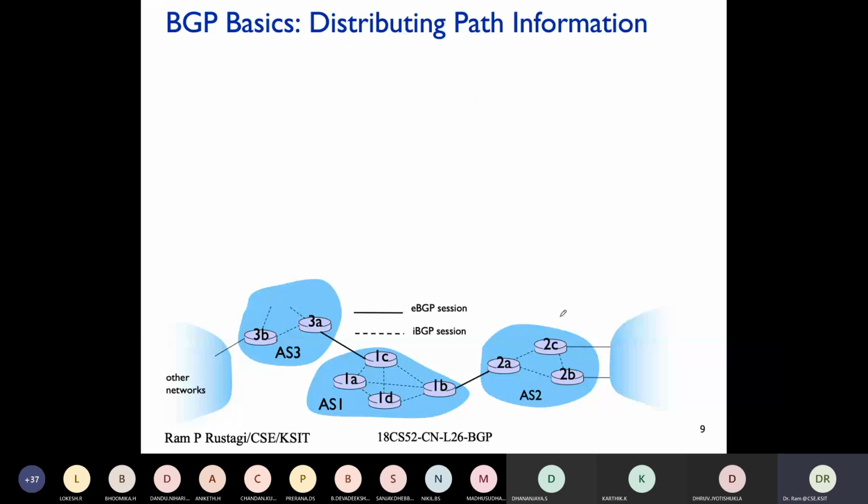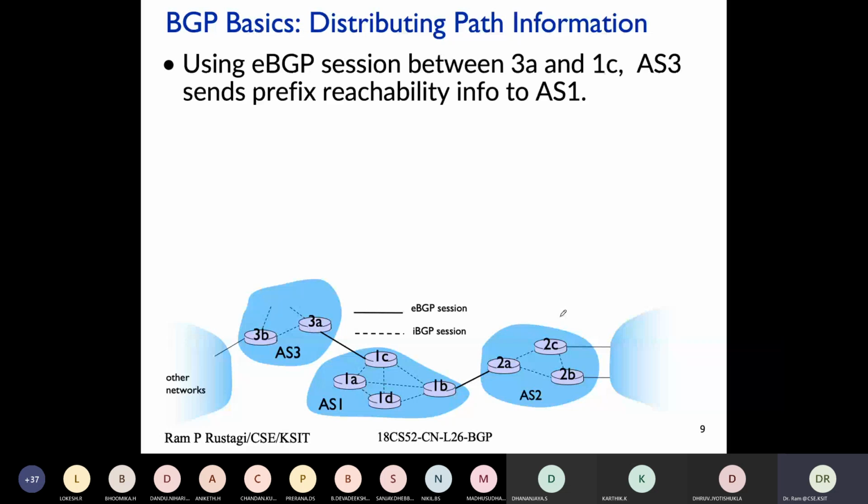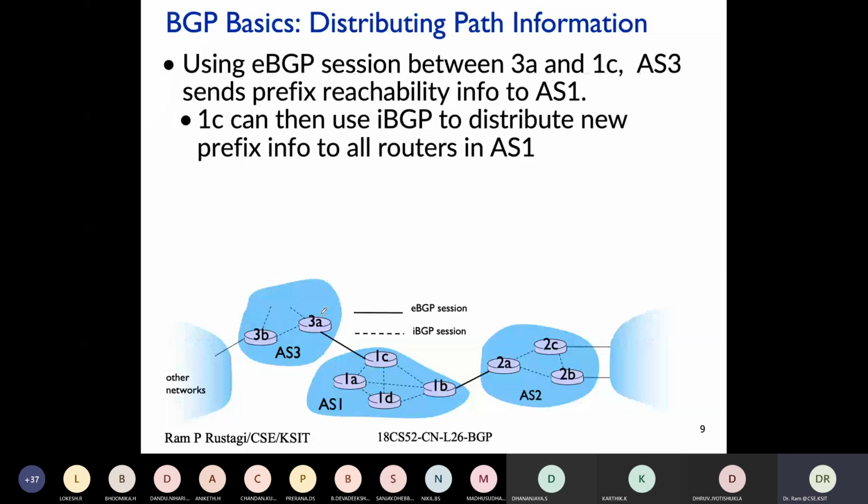So let us look at how we distribute the path information across different autonomous systems. 3A would basically indicate all the reachable networks within itself, the networks it is connected to, and 3A would indicate to 1C that these are the networks I can connect to.